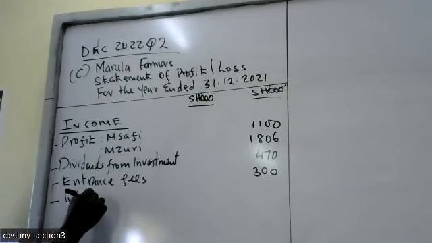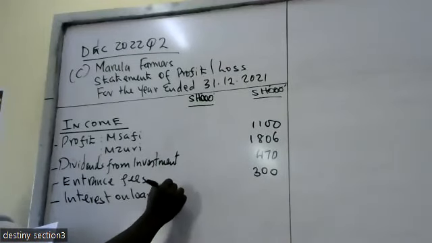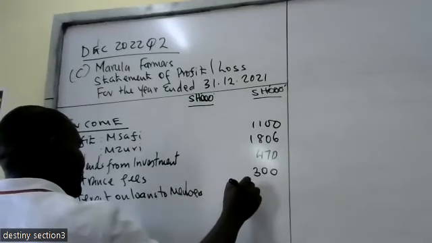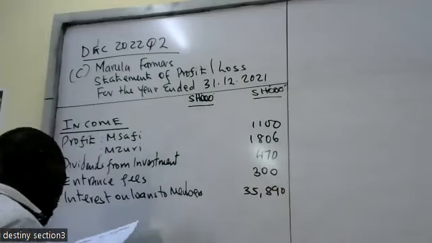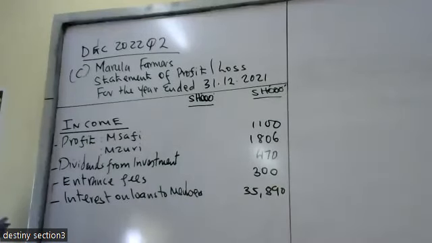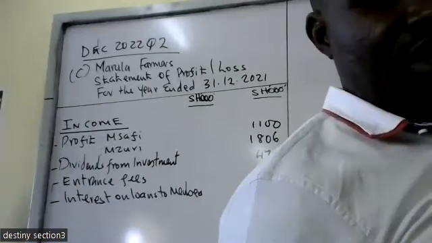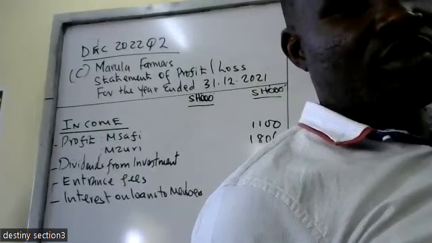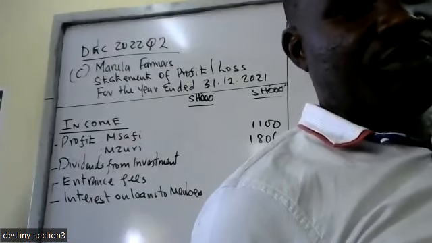I'm seeing 35,890. So I don't see anything else unless there is something which you are capable of seeing, which I'm not seeing. Let me know if any.